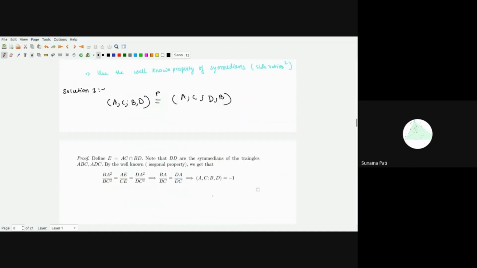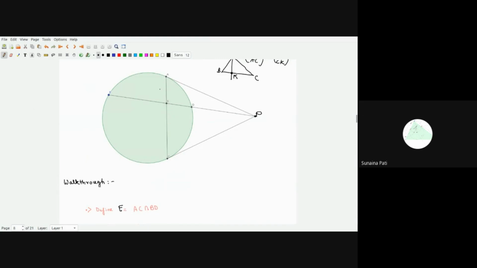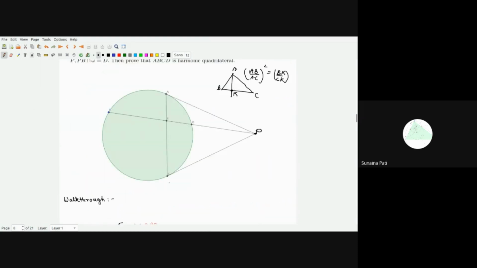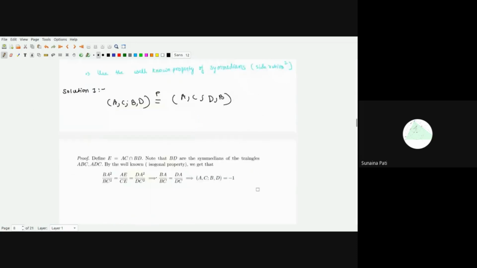We use this fact, so we get BA squared by BC squared equals AE by CE, and AD squared by DC squared equals AE by CE. Hence BA squared by BC squared equals AD squared by DC squared, which implies BA by BC equals DA by DC, and hence you get the harmonic property.